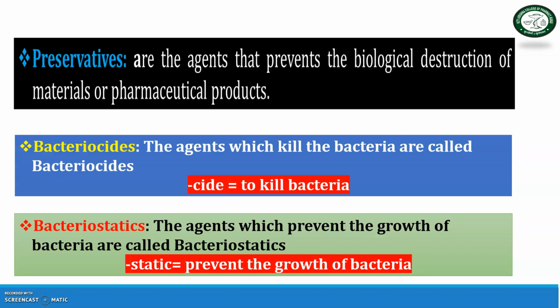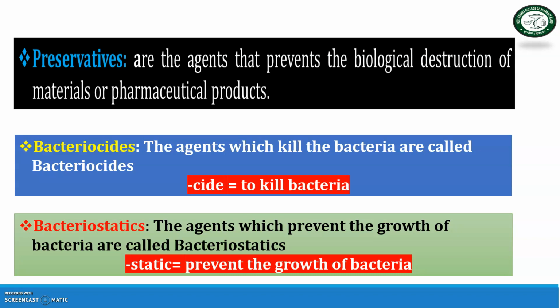Preservatives are the agents that prevent the biological destruction of material or pharmaceutical products. Suppose you store any organ or compound in your lab, you preserve that compound. These are the agents used to prevent the biological destruction of material or pharmaceutical products.